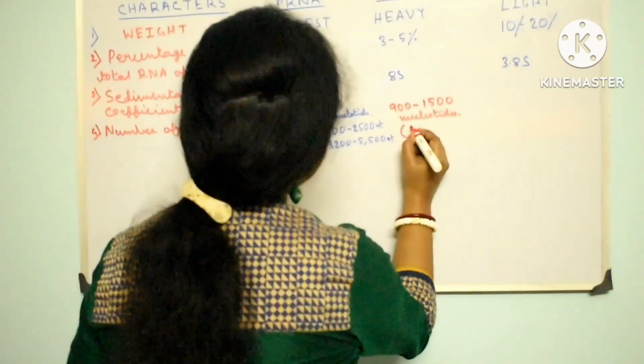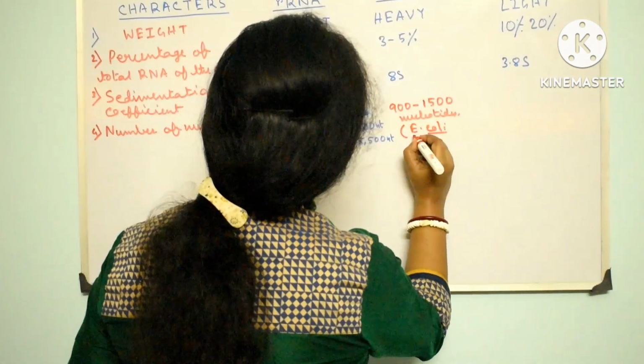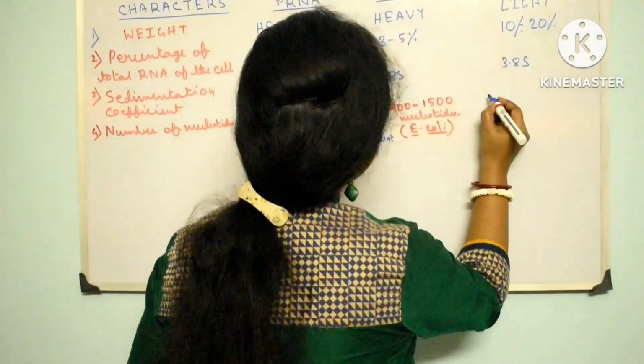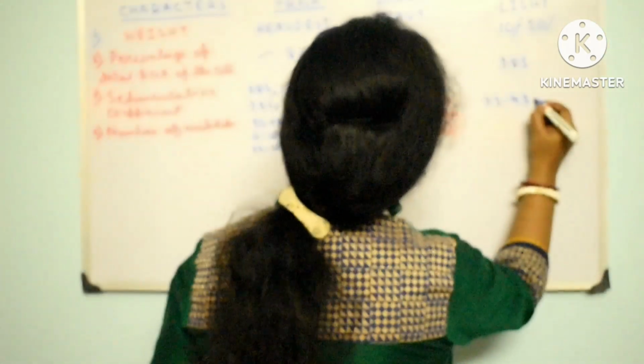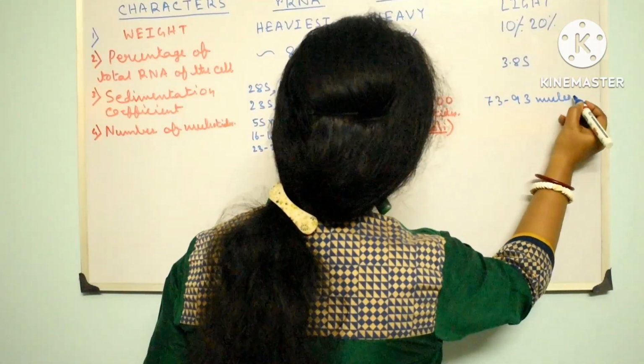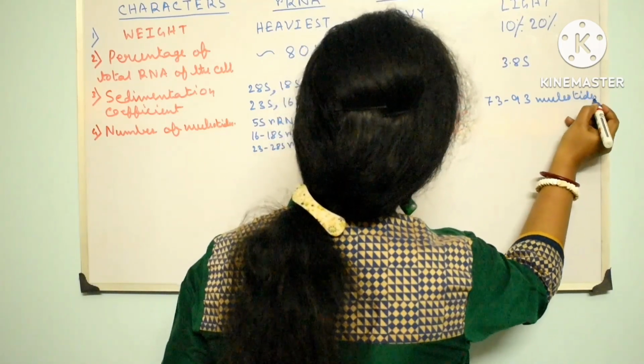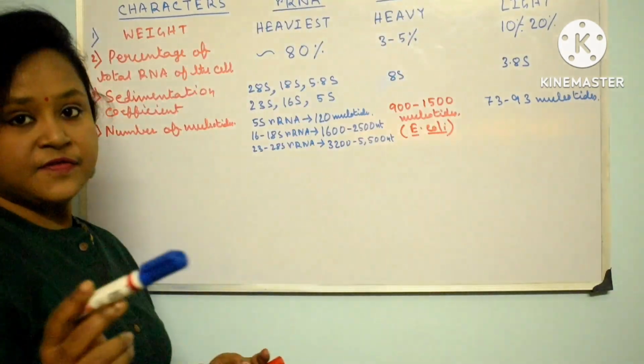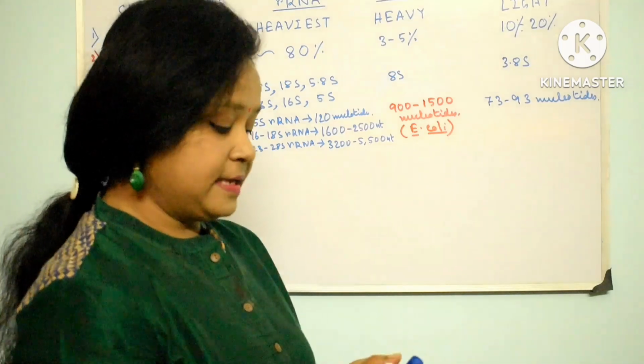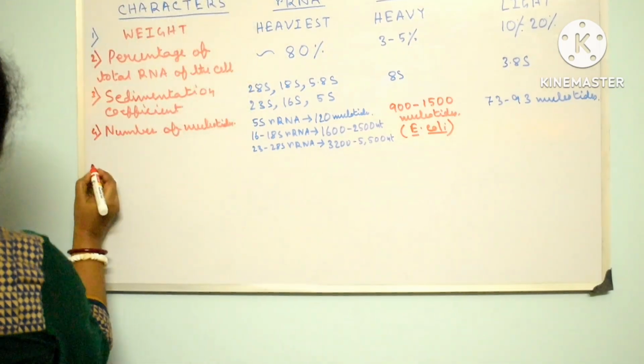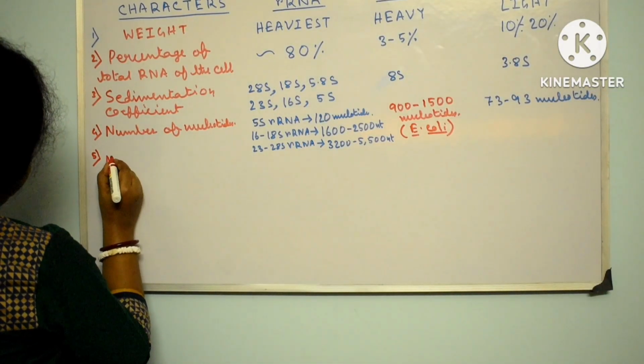So mention E. coli here. In case of tRNA, only 73 to 93 nucleotides are present. The next character is point number 5, molecular weight.